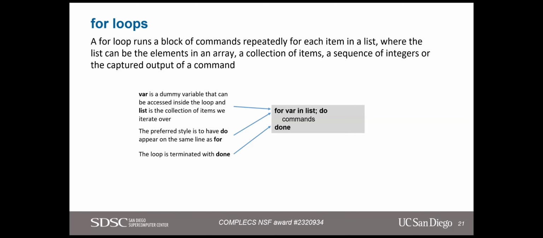Then we're going to have all the commands that we want to be executed for each item in that list. With all the branching and loops, you always need to find some way to conclude it so that it drops out of that, so it's not indefinite. And we will close the for loop with a done statement.